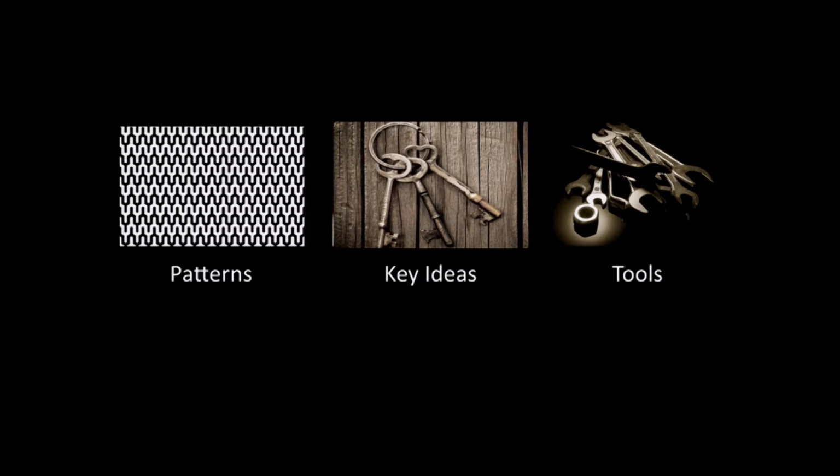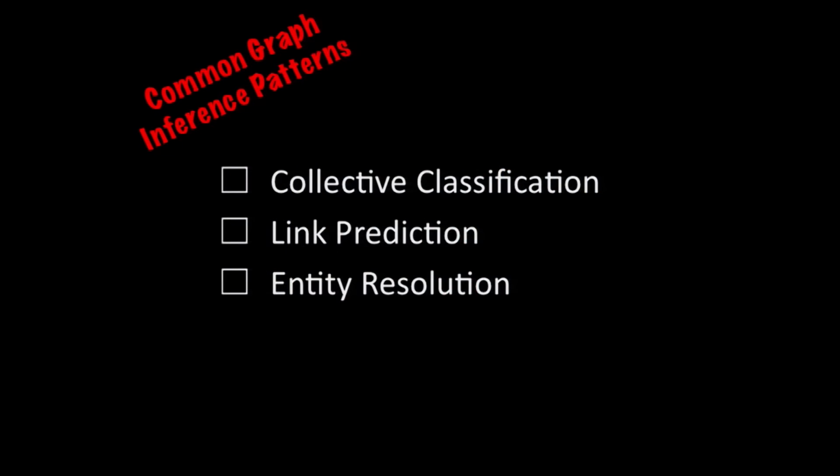I'm going to then talk about some key ideas at such a broad level that no matter what your favorite tool is, your favorite ways of thinking about these algorithms can end up being useful. And then I'm going to very briefly mention some work that we're doing in my group to address this.